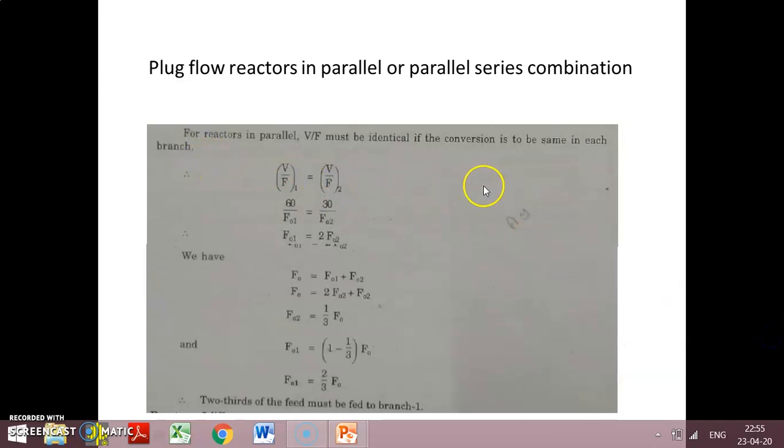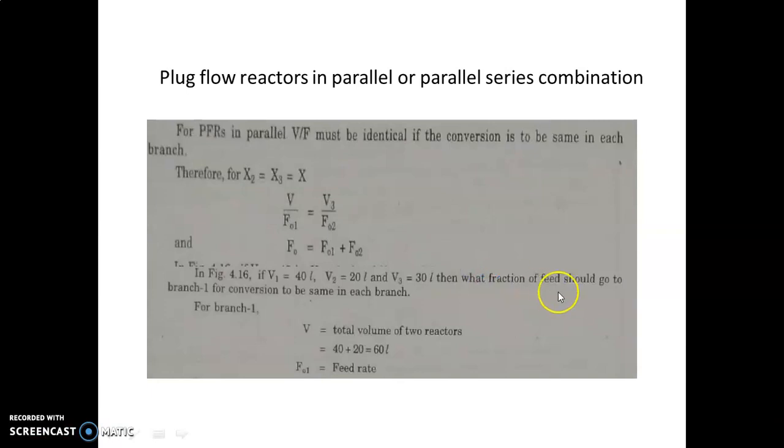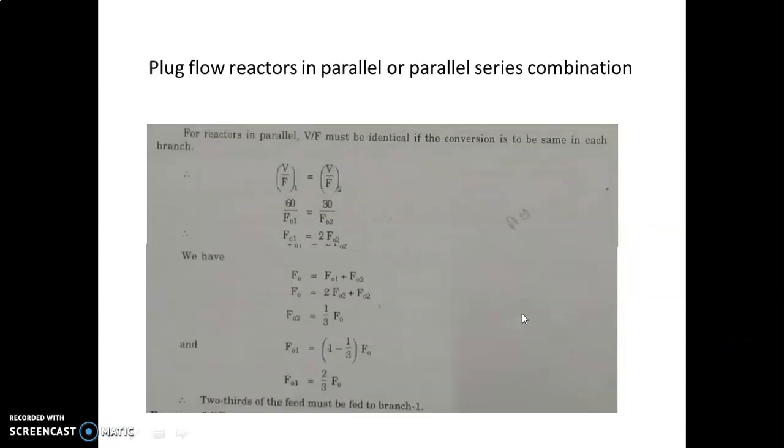So if the conversion is the same, then the V by F ratio should be the same, and this is mentioned in the problem that the conversion is the same. So here V by F1, where 1 indicates branch number 1, is equal to V by F2, that means this is for branch number 2.